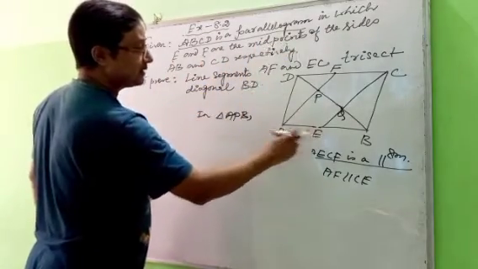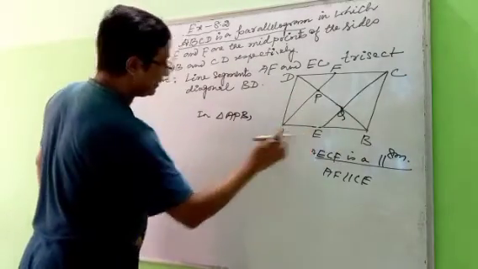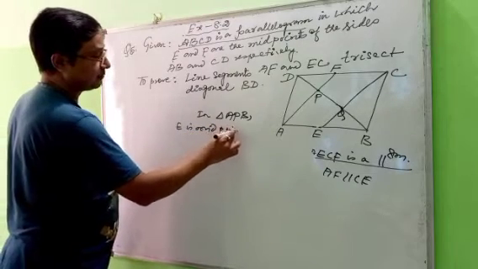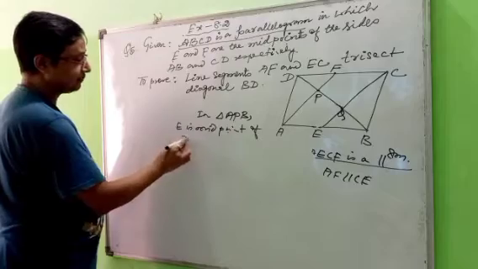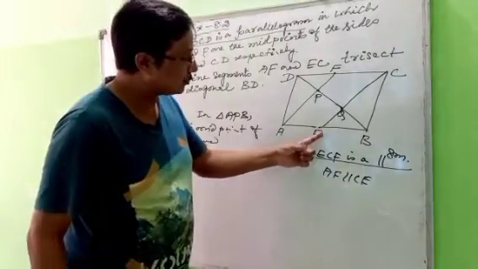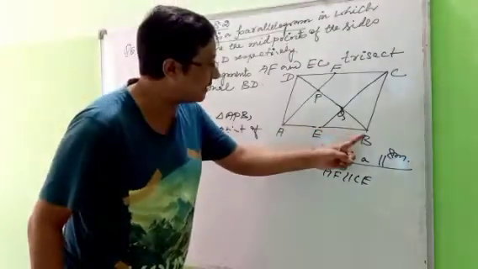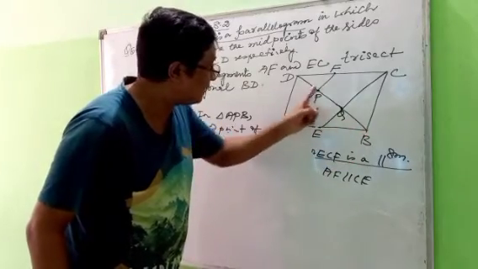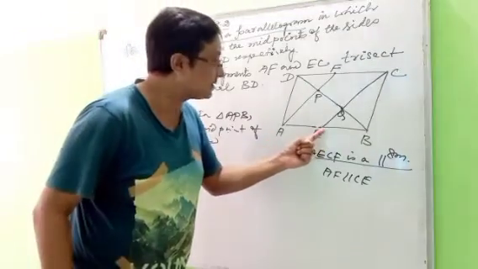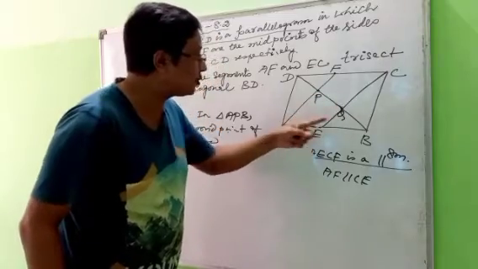So in this triangle APB, E is the midpoint of AB, and the line drawn through the midpoint of one side of a triangle is drawn parallel to another side.